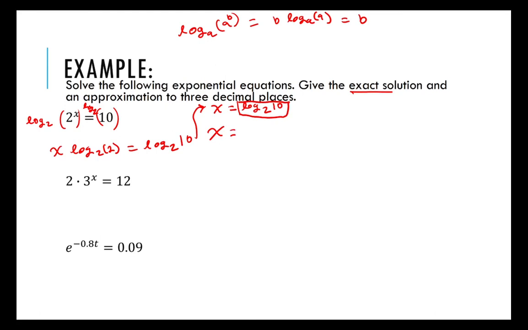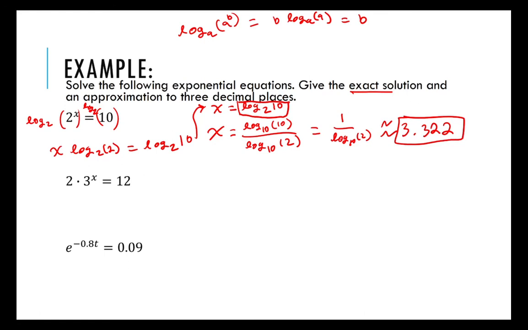So that is log base 10 of 10 over log base 10 of 2. Well, that's going to give me 1 divided by log base 10 of 2, which I get to be approximately 3.322. So that's the approximate solution.